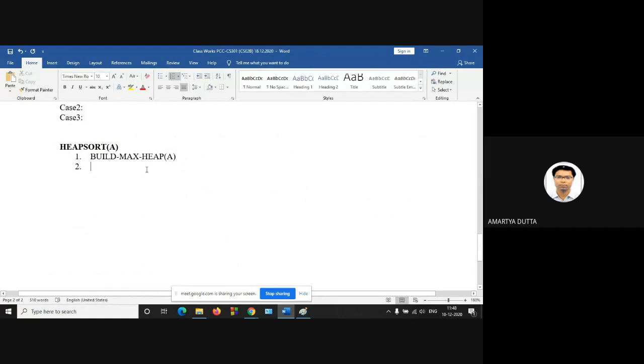Next line, for i equal to A dot length down to 2.